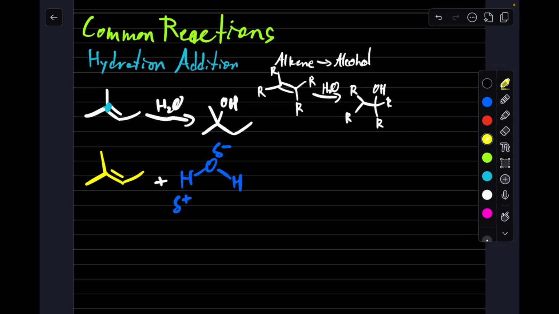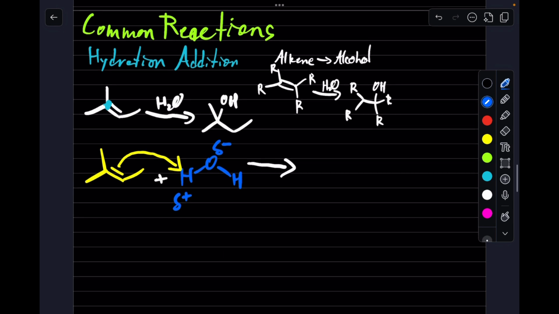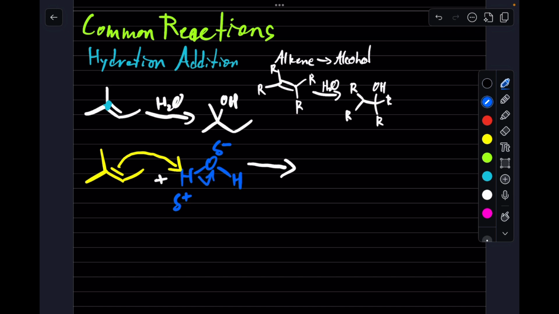So essentially what's going to happen is that the electrons in the double bond will reach out to the hydrogen, because it's partially positive. And electrons like partially positive stuff. So basically, the electrons will take this hydrogen, and the electrons will move back into the oxygen, because the oxygen is electronegative, and it kind of wants to take them anyways.